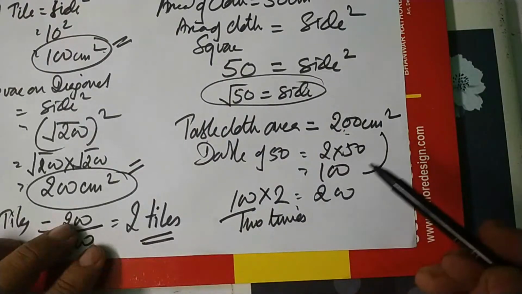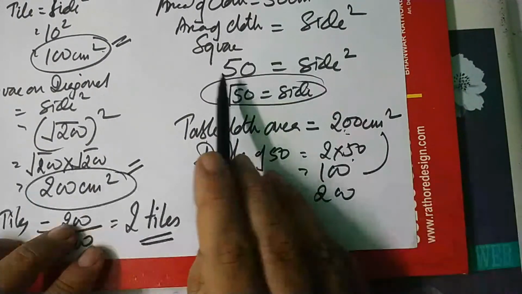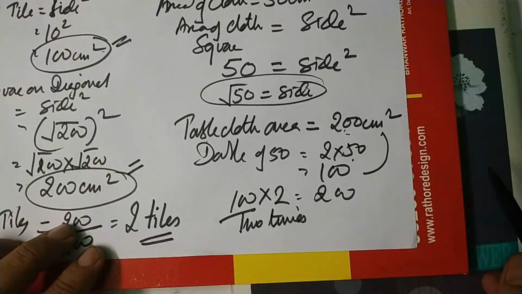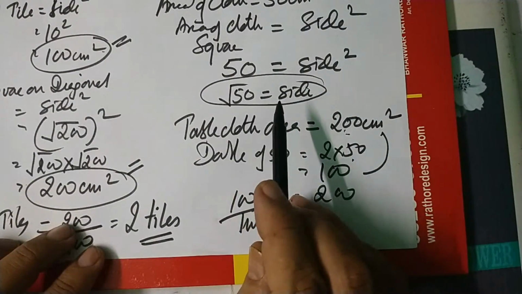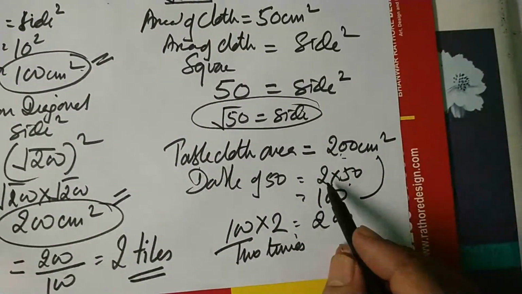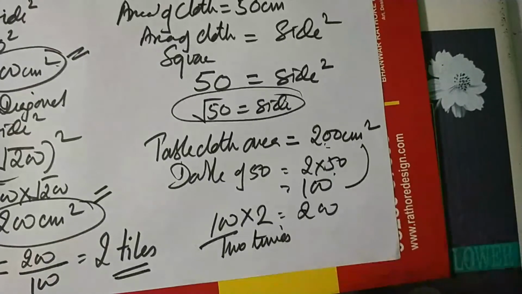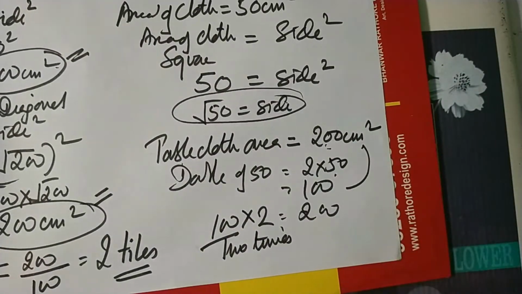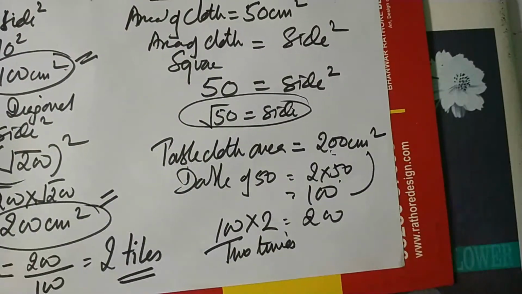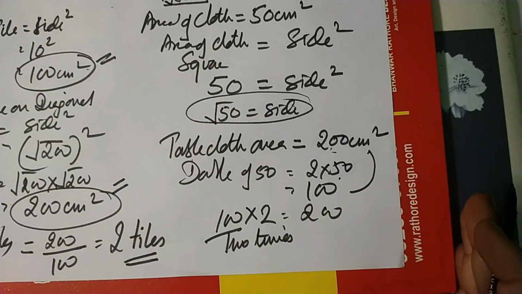When she does under root 50, which is 50, 2 times, under root 50 square multiplied by 2 will become 100. Now how is it 100? 2 into 50 is 100, and 200 is double of this. So how is it coming 200? Who can type how it will come 2 times?